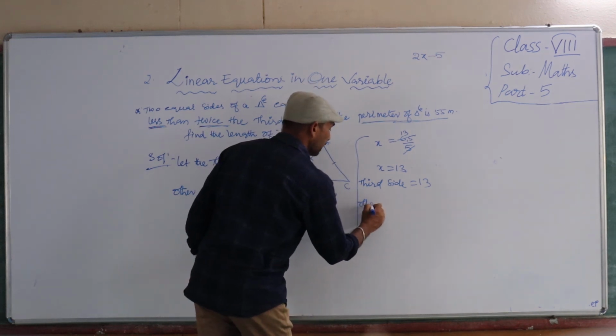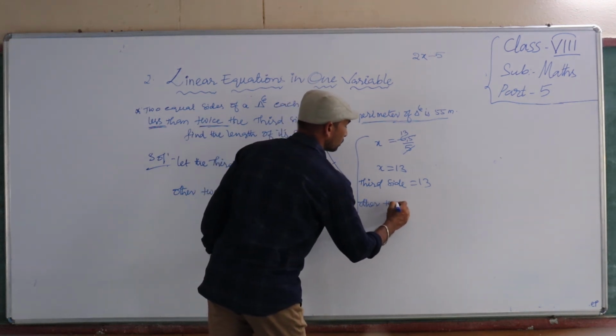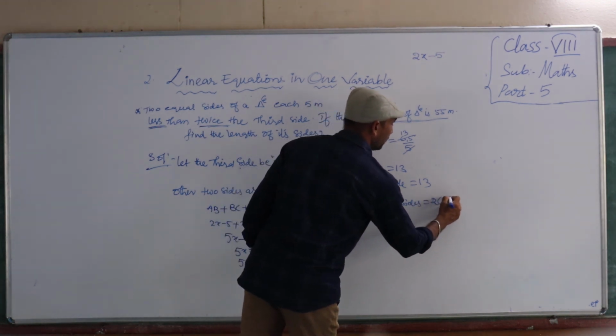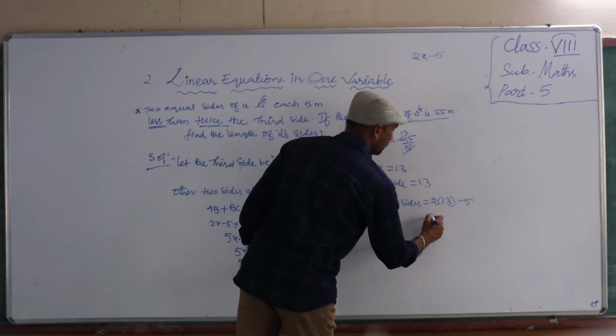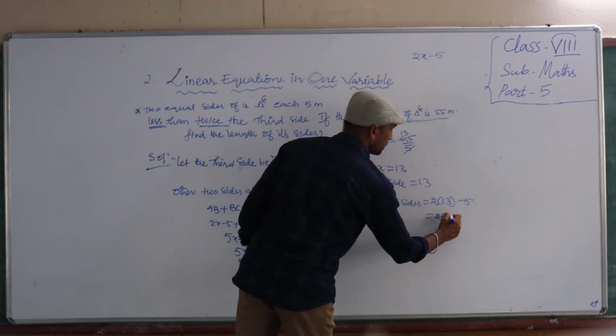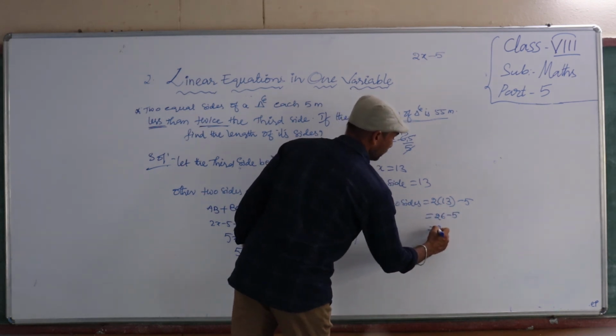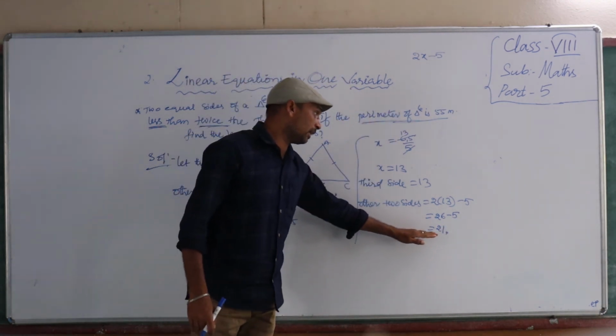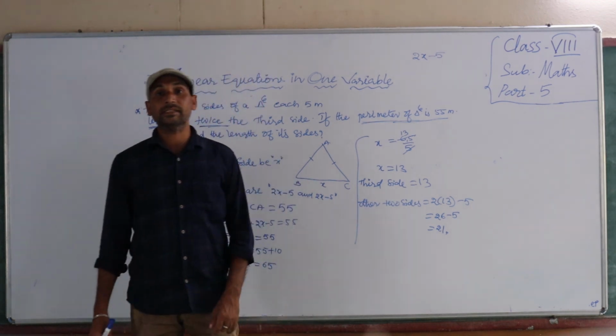Then the other two sides: 2 into 13 minus 5. 13 2s are 26, minus 5, so 21. So the other two sides are 21 and 21. The third side is 13.